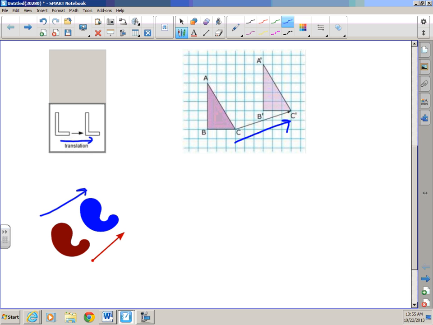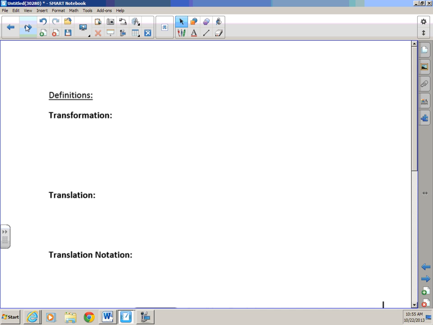Well, if you think about it, all I did was slide my figure from where it was to where it now resides. And that's the word that we're going to be focusing on, which is slide. So let's get into what we're going to cover today.